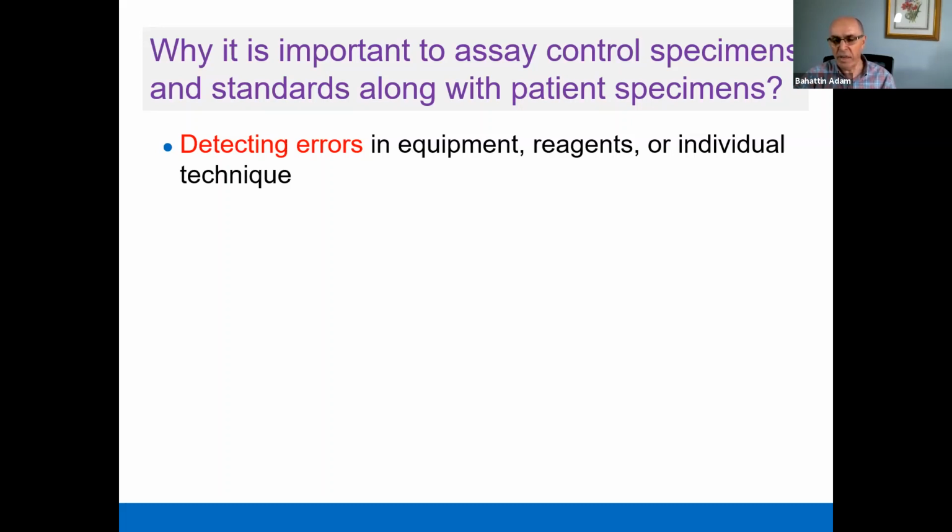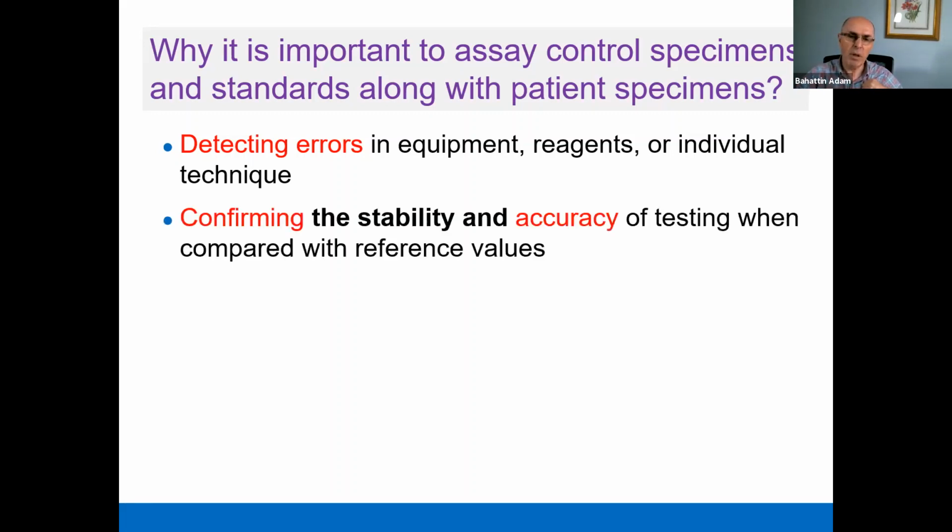Some techniques may be prone to error. To detect such errors, you have to assay the control specimens and the standards, which are known, the level is known.